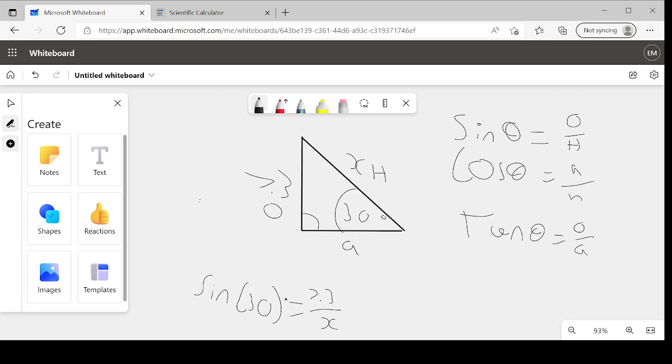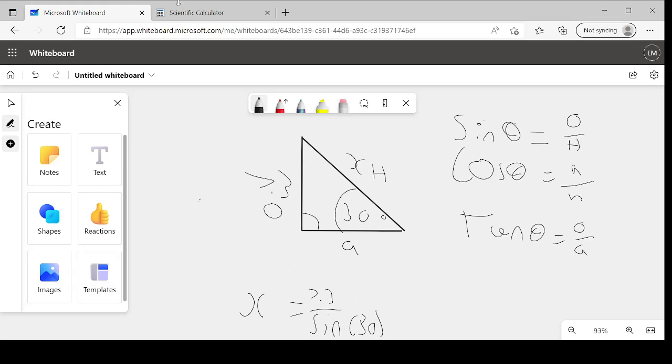To rearrange, we can swap the sine 30 and the x around, so that we would get that x is equal to 7.3 over sine 30. It's important to remember putting brackets in when you're doing this, otherwise your calculator might not understand what you're doing.